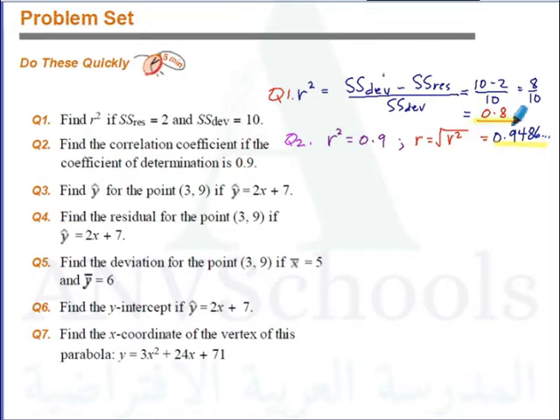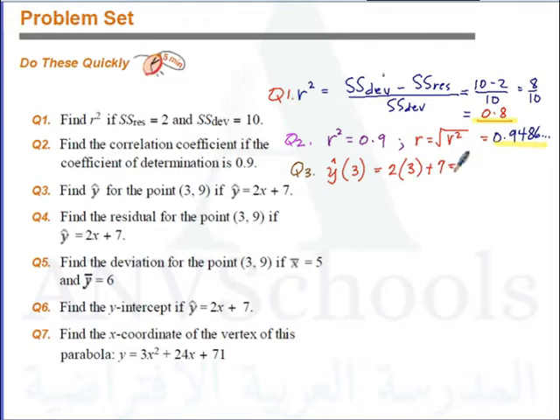Now we go to question number 3. Find y hat for the point (3, 9) if y hat is equal to 2x plus 7. So y hat for x equal to 3 is 2 times 3 plus 7.